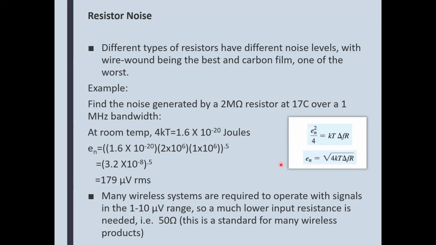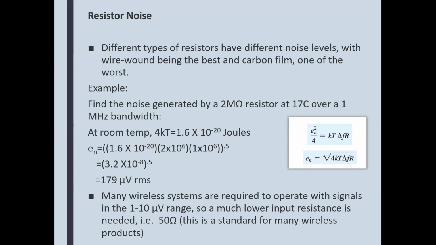We have 1.6 here, and then taking a square root. That's why this whole expression is raised to the power of 0.5, which is the power of one half, which is basically just taking a square root.